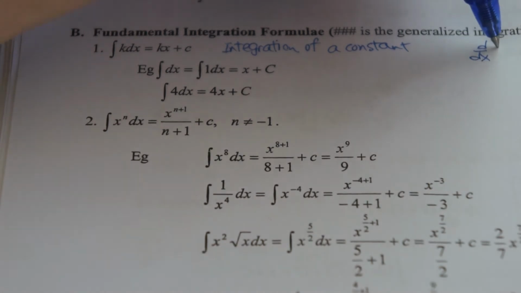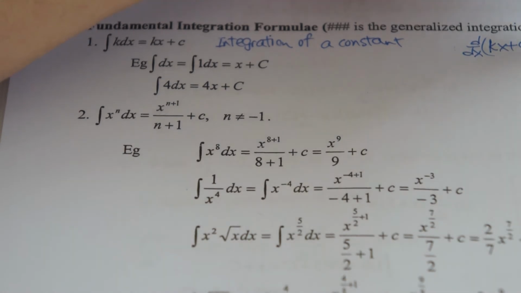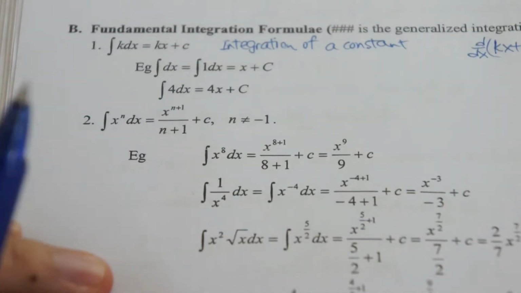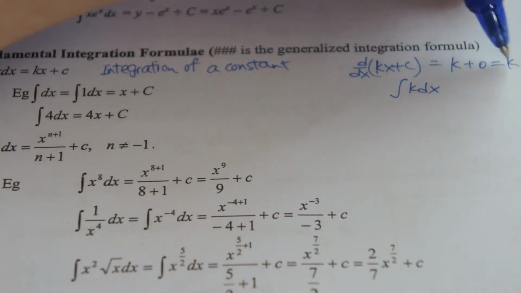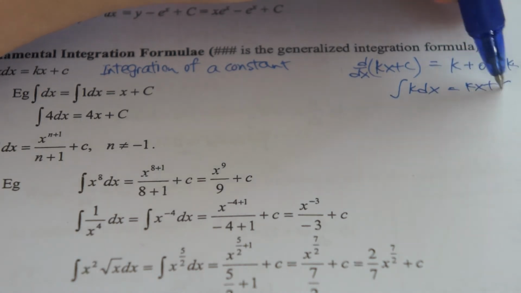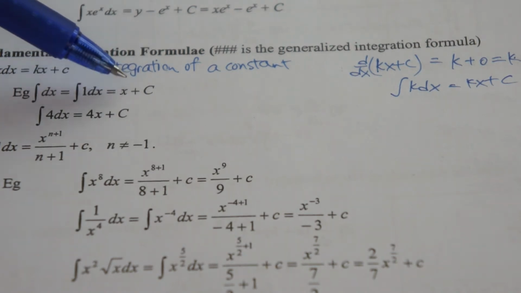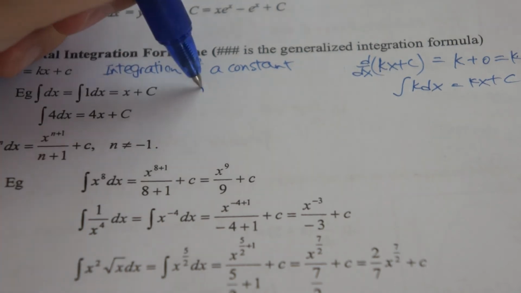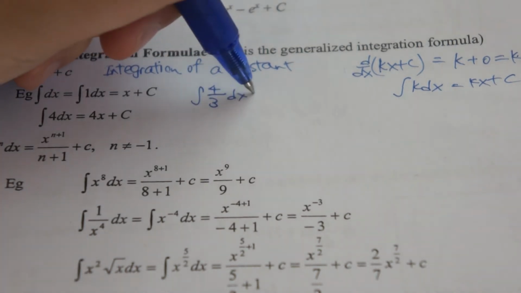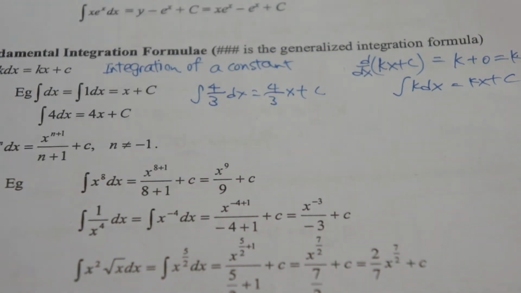To check the result, if we differentiate kx plus c, the k is a constant, you take it out, and if we differentiate a constant, it will be 0, so the answer is k. So if we do the reverse and integrate k, you get back kx plus c. The examples are: if you integrate the number 1, it will be 1 times x plus c. If we integrate 4, it will be 4x plus c. If we integrate 4 over 3, the answer will be 4 over 3 x plus constant. That is the first rule.